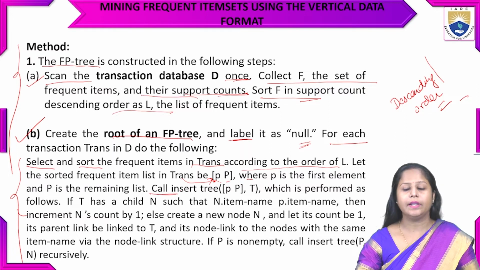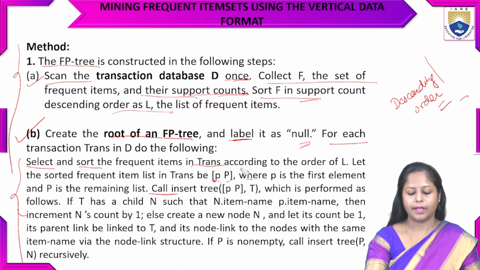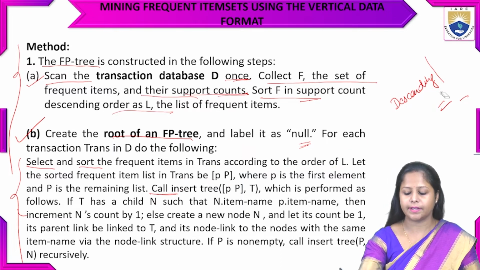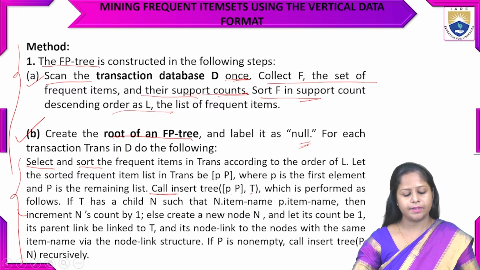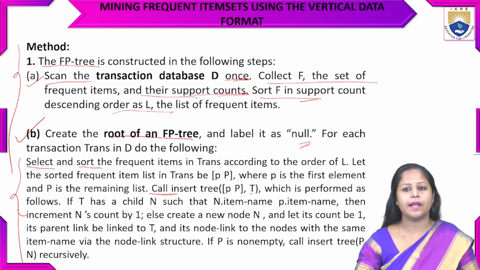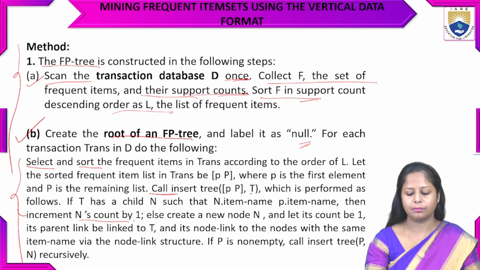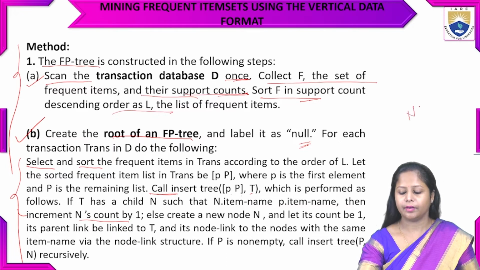Then we call the function insert_tree([p | P], T), which is performed as follows. If T has a child N such that N.item-name equals p.item-name, then it will increment N's count by 1.